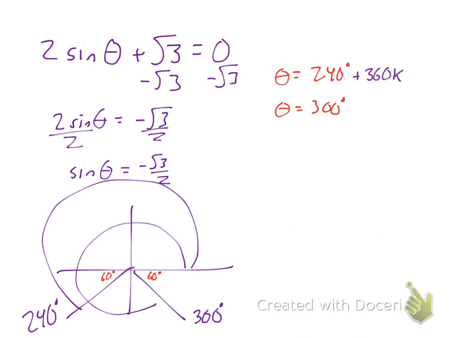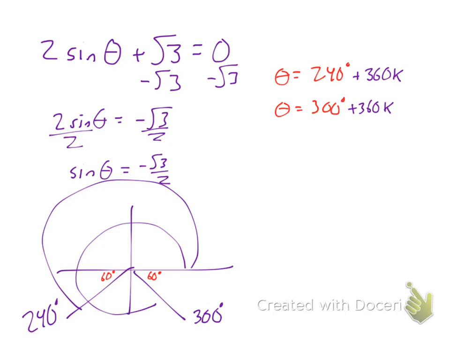They introduced that k. Some of us might remember that. Plus 360k. K, guys, is a constant. It's an integer. It can be 0. Because if k is 0, what's 240 plus 0? It's 240. That's one of my solutions. If k is 1, it's 240 plus 360, which is 600.